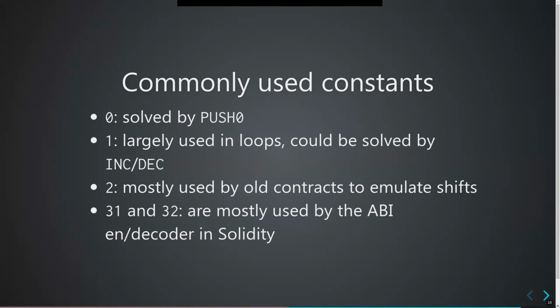This could be solved by adding the increment and decrement opcodes, which Alex is going to talk about in the next slide. And the value 2 is commonly used by all contracts in order to emulate shifts, which is already solved by existing shift operators. And values 31 and 32 are more commonly used by the Solidity ABI.